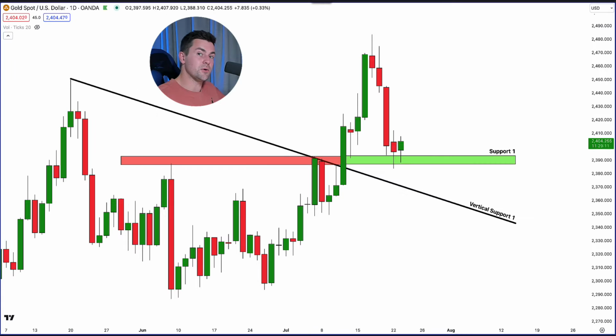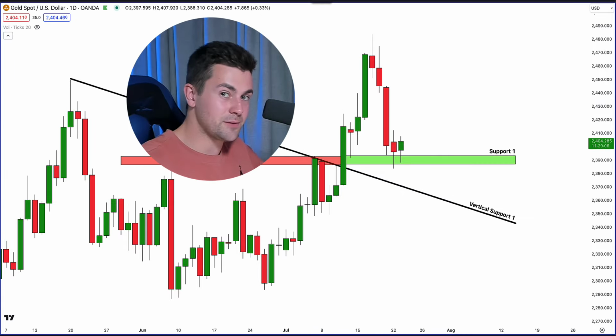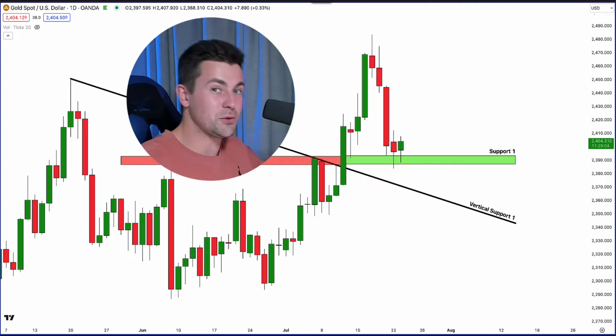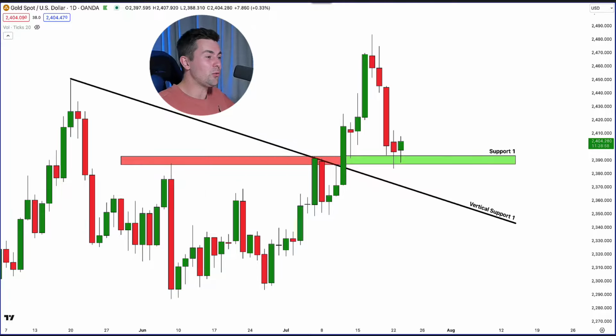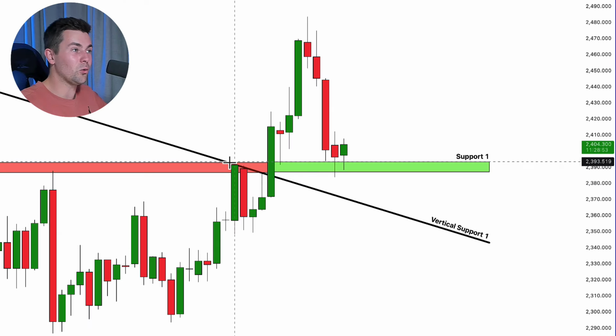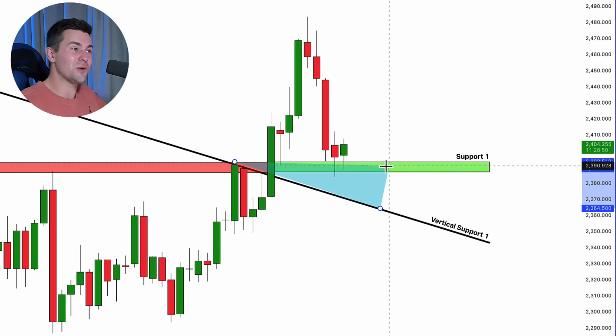Here is a separate chart where we have only these two structures. When you're looking for a demand zone, you should know that the combination of a trend line and a horizontal structure gives you the most significant demand zone. In our example here, our demand zone will be based on that entire horizontal support and the trend line.